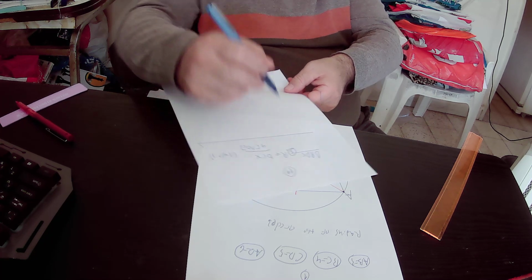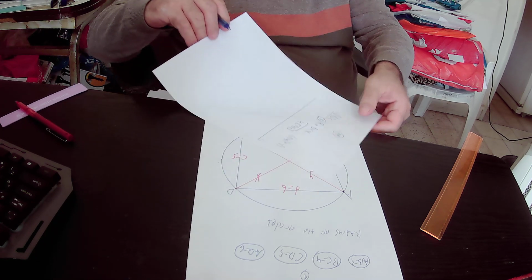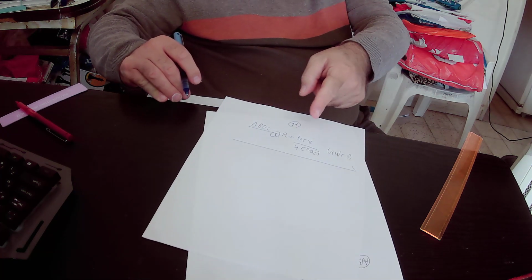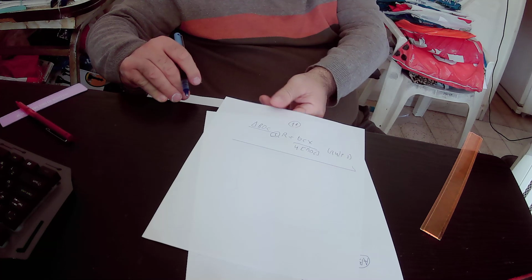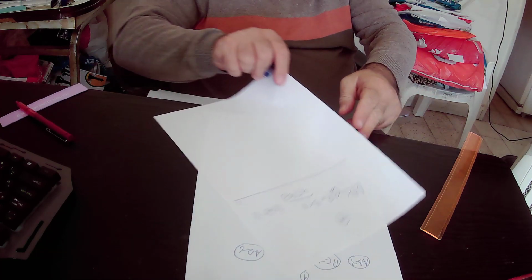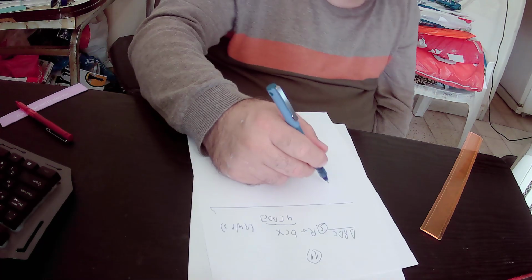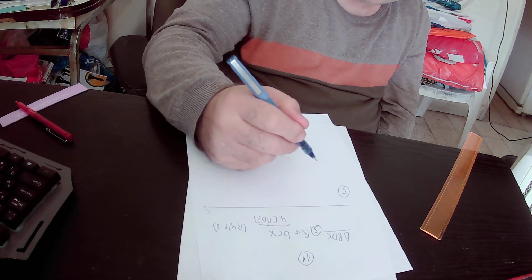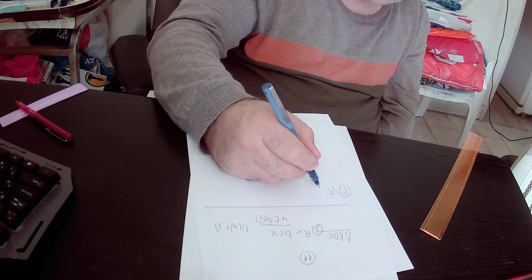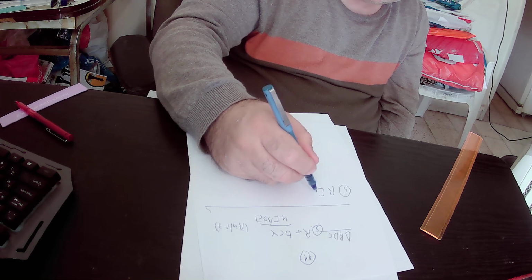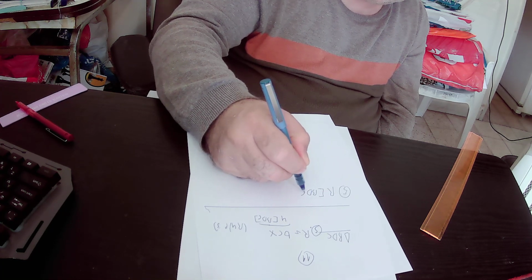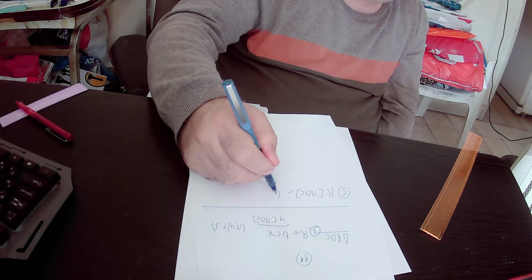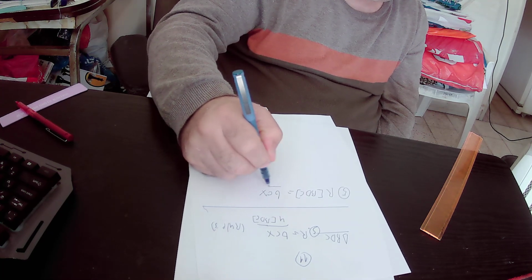We will multiply equation number 5 by the area of triangle BDC, and we will get that R times the area of triangle BDC equals BCX over 4.